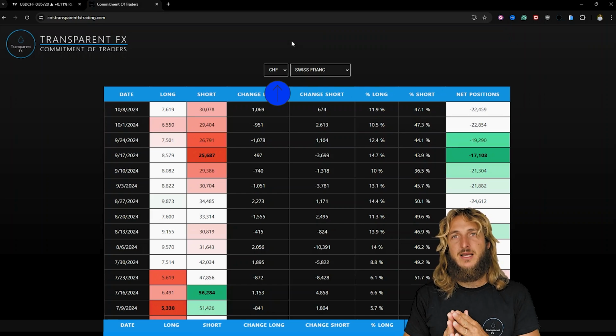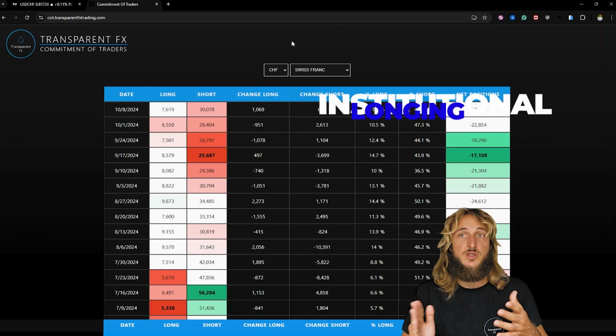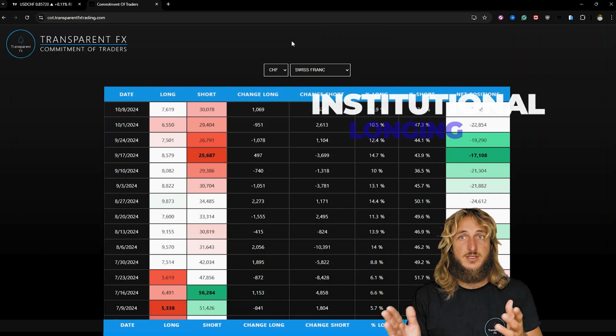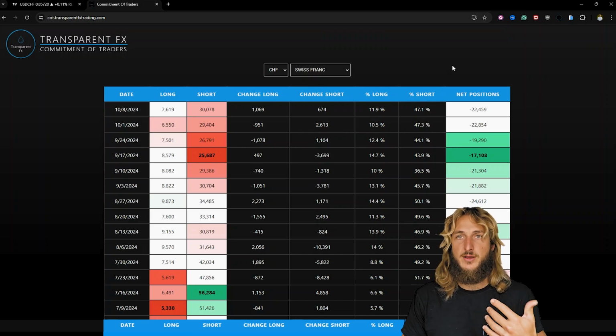Now, if you keep in mind that all currencies on the spot are traded against the USD, if institutions are shorting the CHF, they are essentially longing USD-CHF because they are shorting CHF-USD. So in a situation like this, institutions are weakening the CHF by longing USD-CHF, therefore making it stronger.